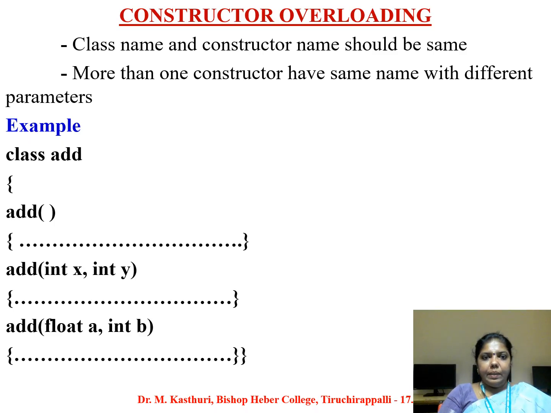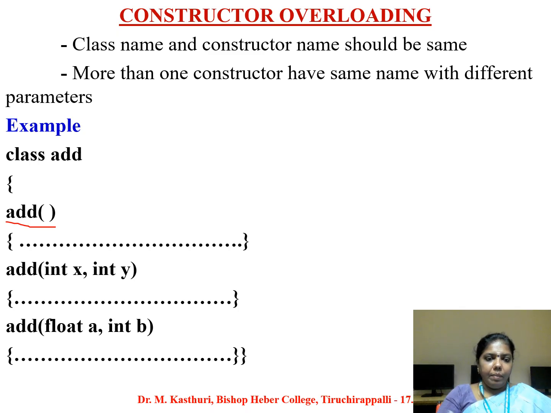The next concept is constructor overloading. Constructor overloading is nothing but creating constructors whose name is the same as the class name. More than one constructor has the same name with different parameters. For example, when you consider this class, here add is the class name, and there are three different constructors created. The first constructor name is add, the same as the class name.